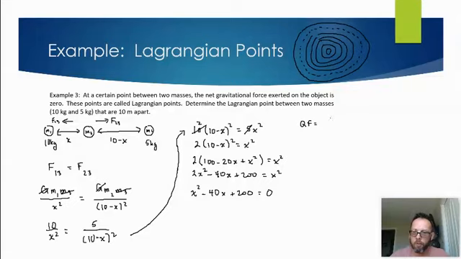I did this earlier, but I'll just do it again. So we have negative b, so 40, plus or minus the root of b squared, so negative 40 squared, minus 4 times 1 times 200, all divided by 2a, so times 2.